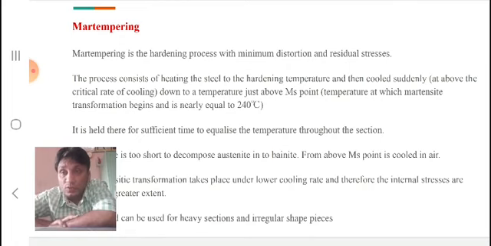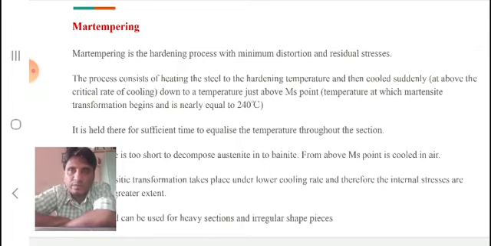But to avoid the development of internal stresses or distortions during the quenching process, another technique is used called Martempering.